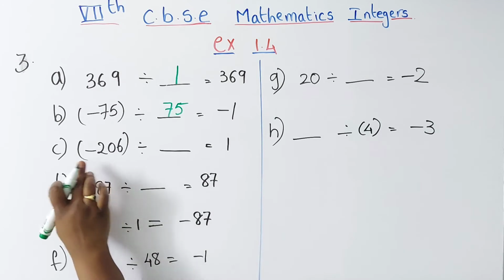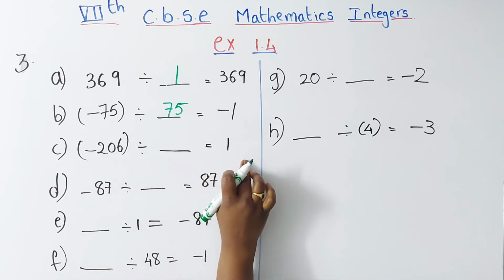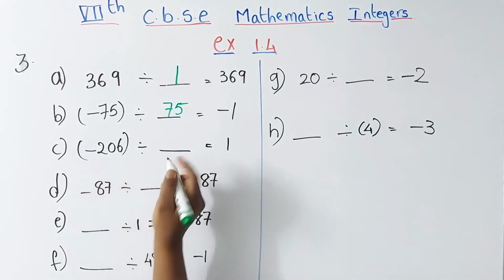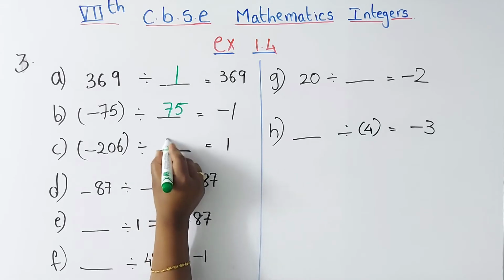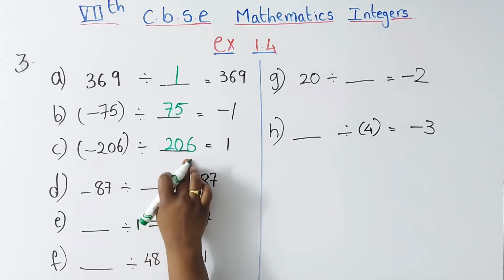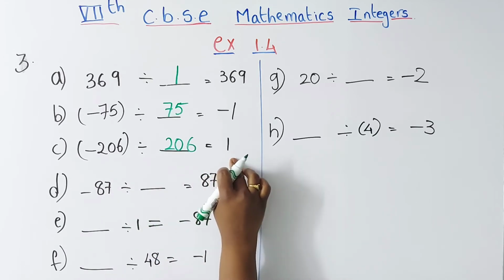Next, minus 206 divided by which number gives you 1? 206 divided by 206 equal to 1, right? Minus 206 by 206 equal to minus 1 or plus 1? Minus 1, but we want plus 1 here.